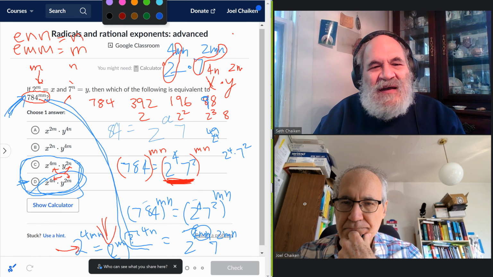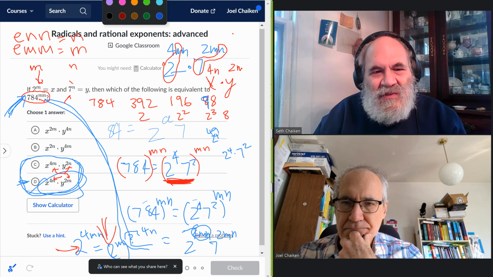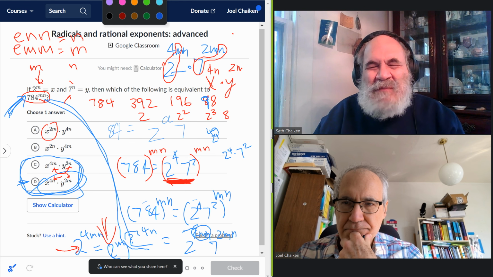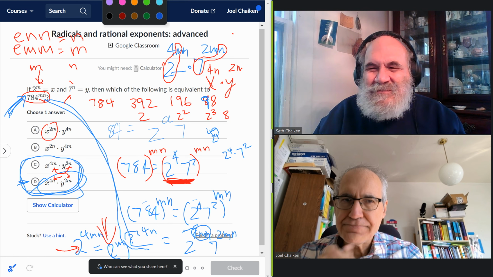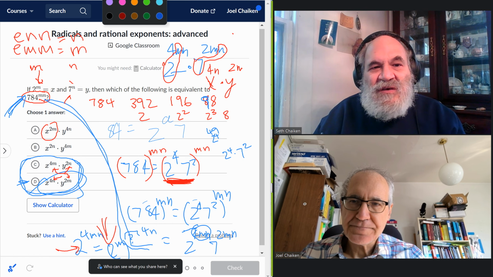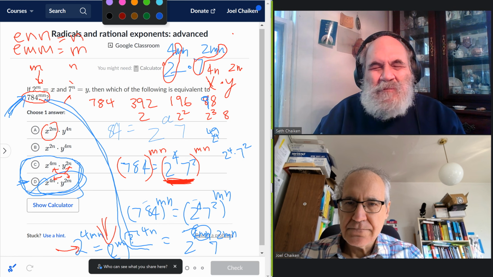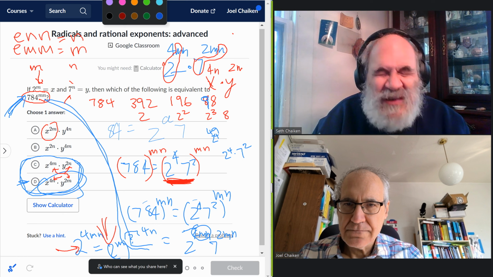The only factors of this thing in the circle, x to the 2mth, prime factorization tells you that the only numbers that divide that power of x are powers of 2. Right. Yeah. And the only factors of y raised to a certain power are powers of 7.